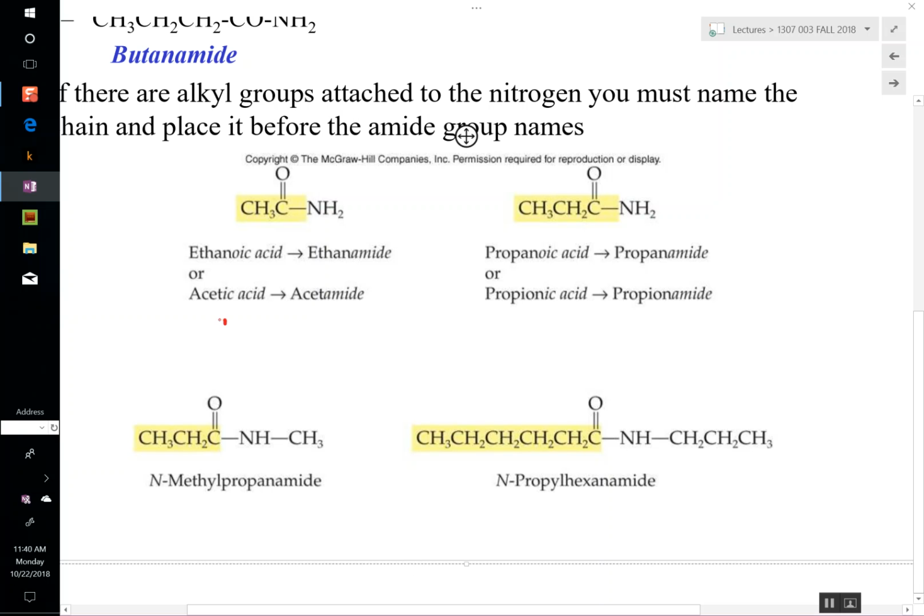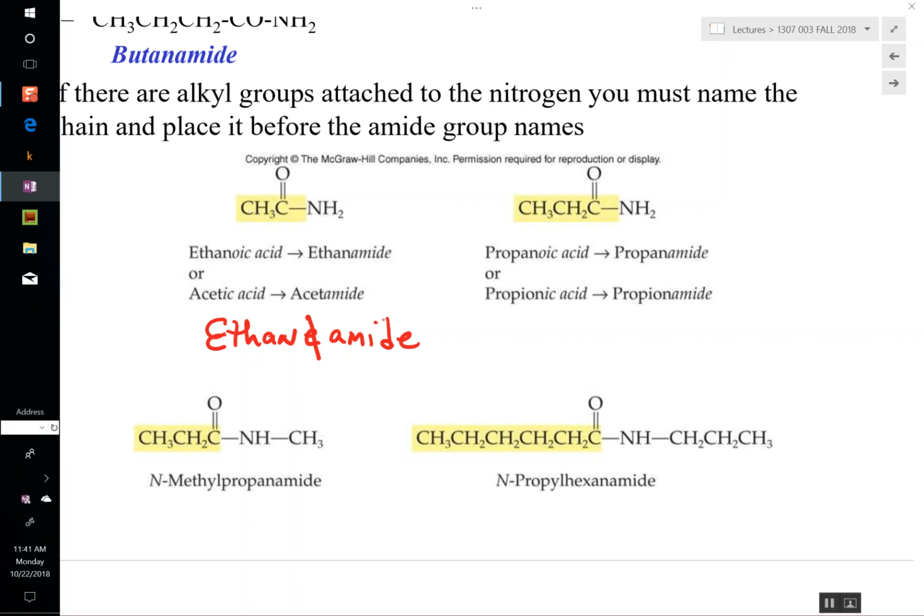Or another way, if this is easier for you, drop the E and add amide. Ethane, it's 2 carbons long, so it'd be ethane, but it has got that amide functional group right there, so it's ethanamide. Propanamide.